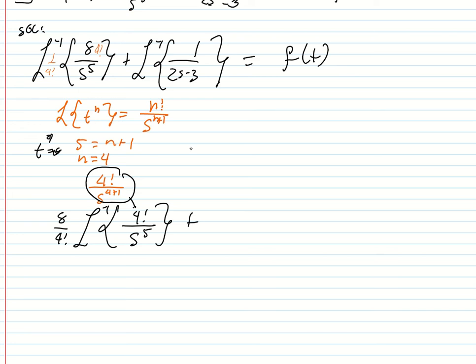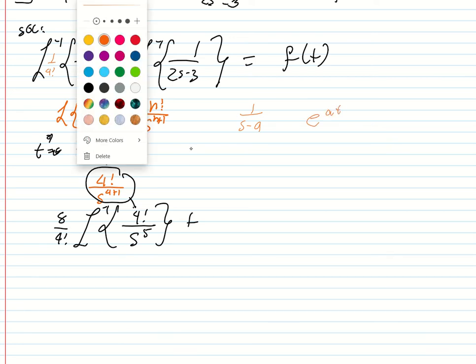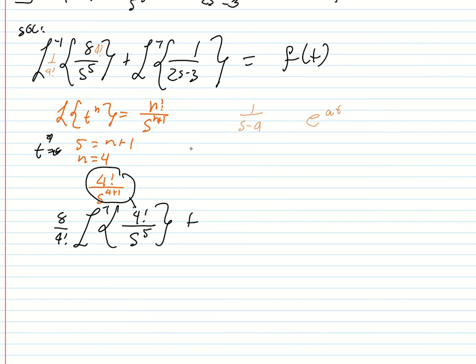It's similar to 1 over s minus a, which is equivalent to e raised to a t. If it's positive, then this will be negative. But this is 2s minus 3. There's a number that is being multiplied with s. So we need to remove that 2 by factoring out the 2.